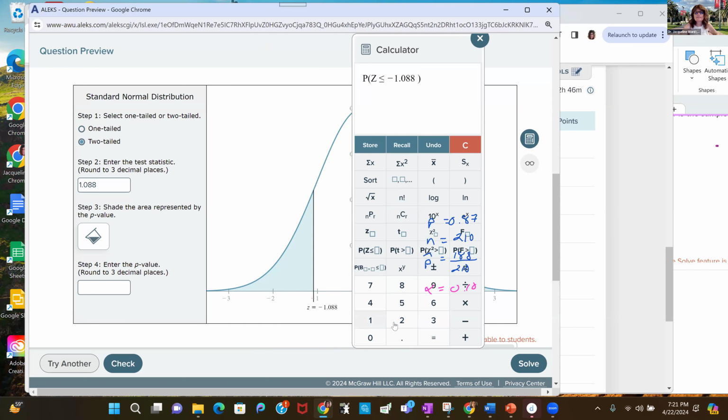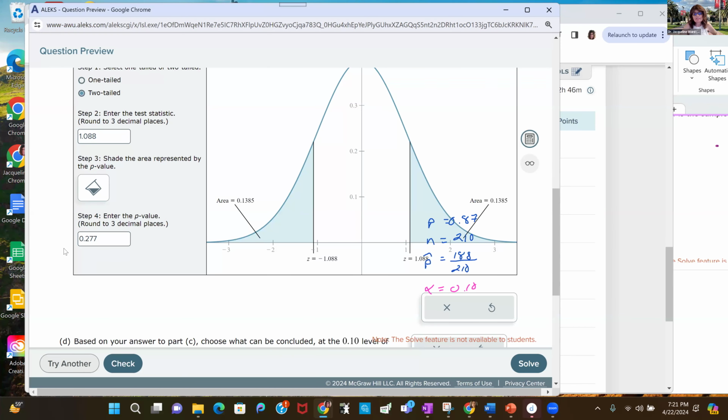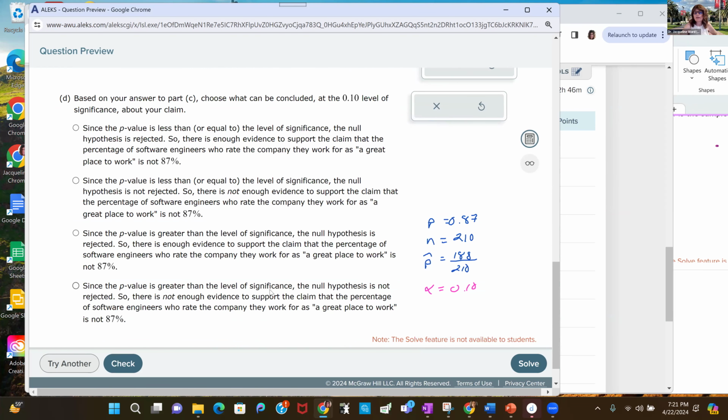And then I'm going to take twice that. Okay, and that is way bigger than 10%. So since it's greater than alpha, the null hypothesis is not rejected. Okay.